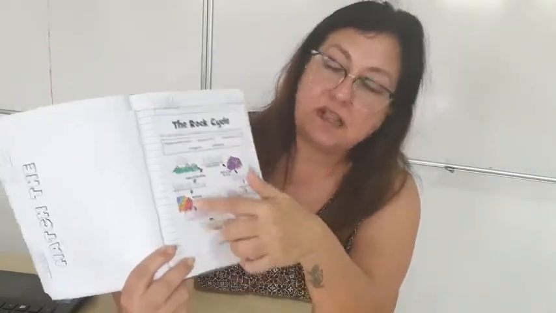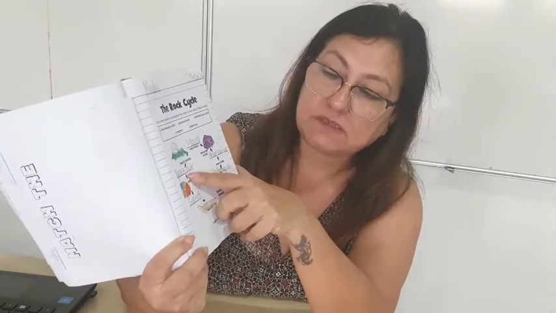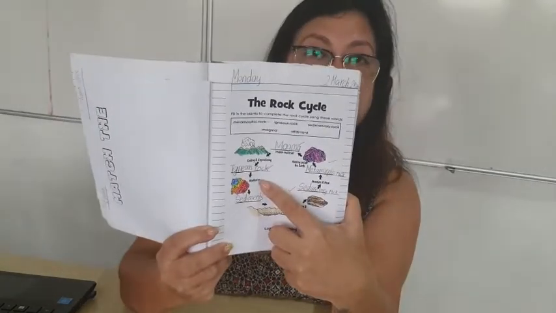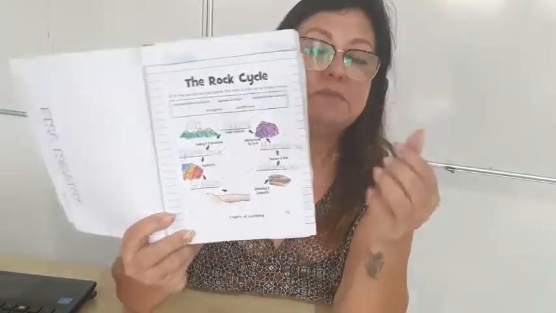It's like a cycle. So what happens is, first there is magma. Then this magma cools down and crystallizes to become igneous rocks. Then these igneous rocks break due to the weathering, due to the conditions like rain, wind and all that. It becomes sediments. Sediments means pieces.